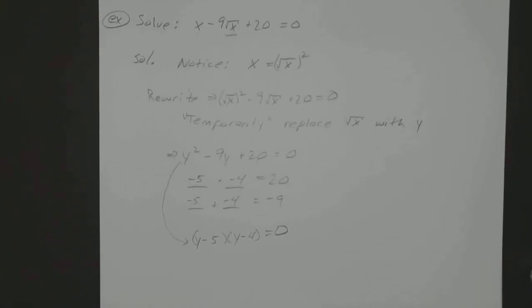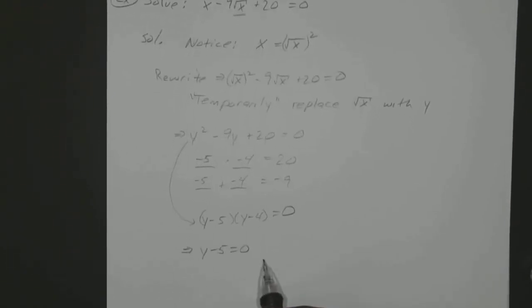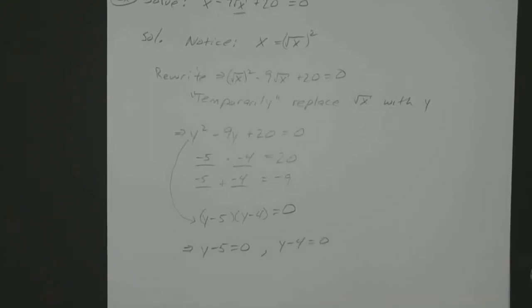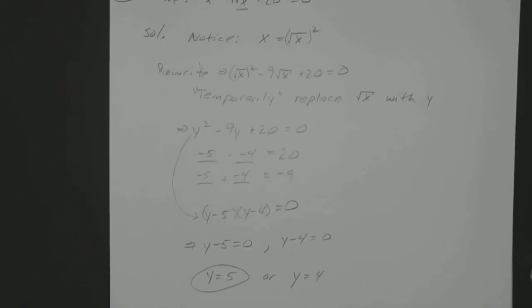If we set both of those factors to 0, y minus 5 equals 0, or y minus 4 equals 0. Adding 5 to both sides, y equals 5, or adding 4 to both sides, y equals 4.